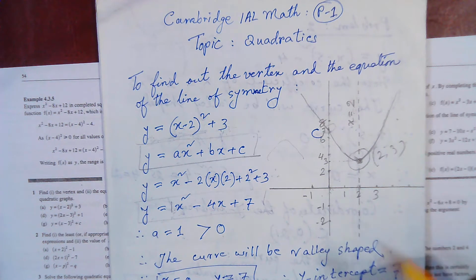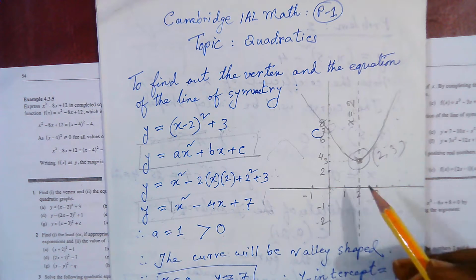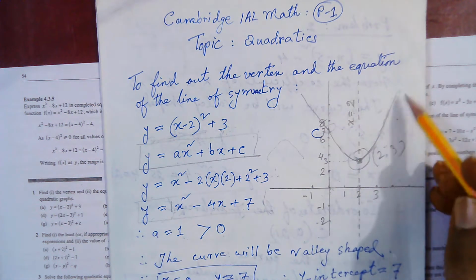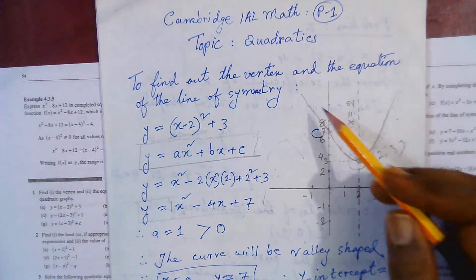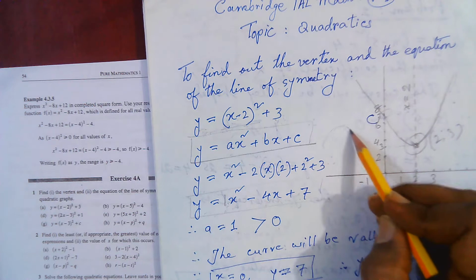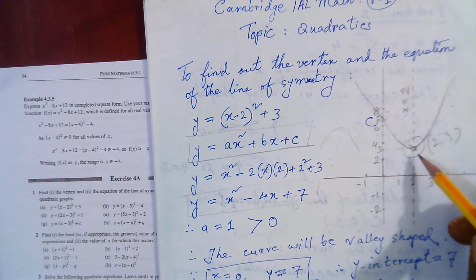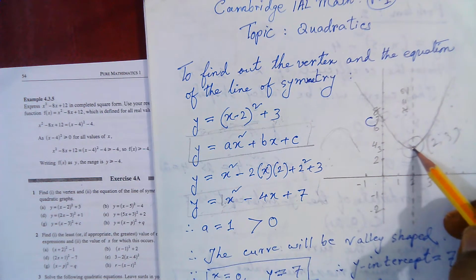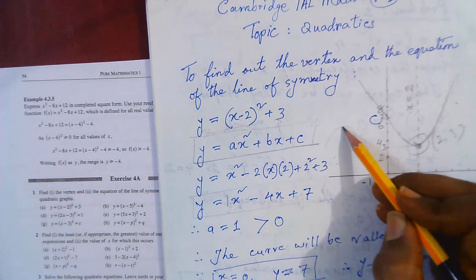for any quadratic equation, the curve may be valley shape, or the curve may be hill shape. And the turning point for a valley shape, this is the turning point. For a hill shape, this is the turning point.